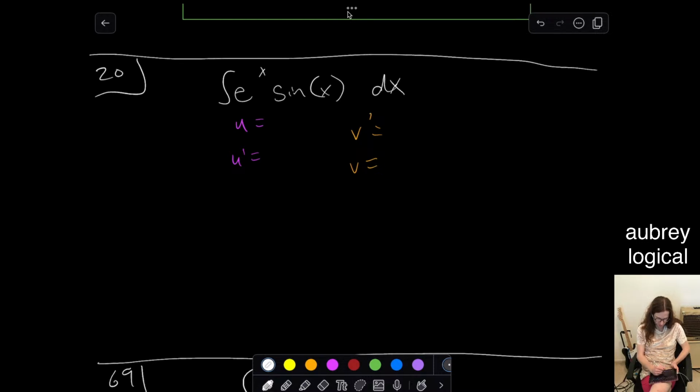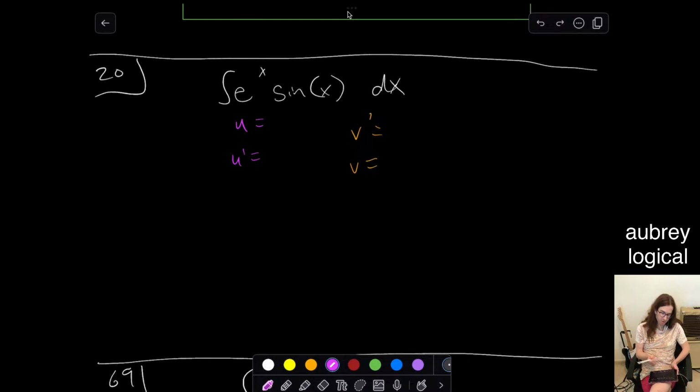So here it doesn't really matter which one you pick because e to the x is going to be e to the x always. It's never going to be anything else because its antiderivative is e to the x and its derivative is e to the x. And for sine, we're just never going to get rid of a function. It's never going to just turn into a constant number. It's going to flip back and forth between sine and cosine.